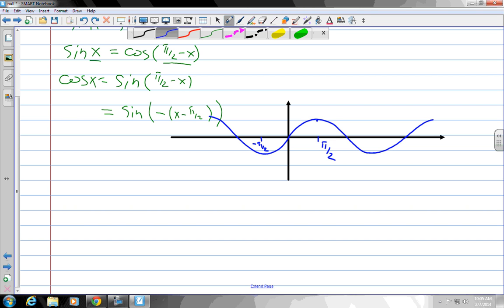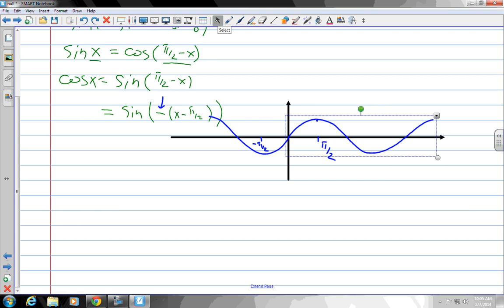Now think about your transformations of graphs. Remember the acrobatics of functions we talked about, all the shifts and all that fun stuff. What is the negative on the inside going to do? Flip it which way? Over the y or over the x? Over the y. So let me try if I can do this. Now to flip it over the... Oh, come on.